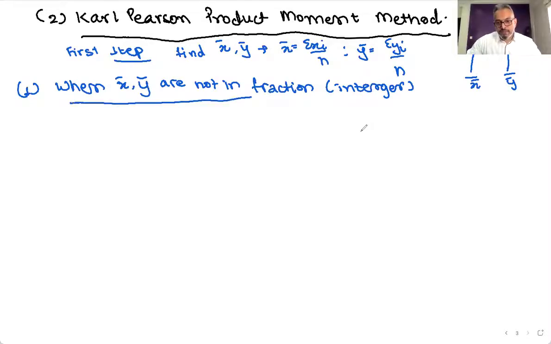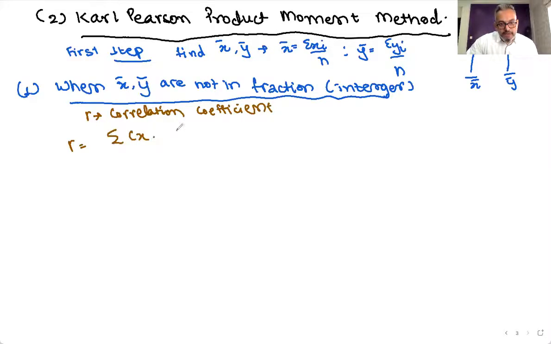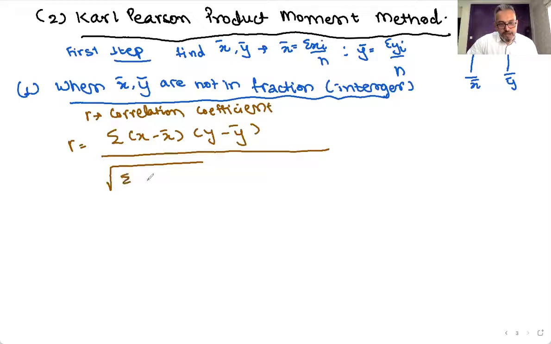In this case, the formula is R. R is correlation coefficient. R is equal to correlation coefficient is equal to sigma (x minus x bar)(y minus y bar) upon under root sigma (x minus x bar) the whole square, under root sigma (y minus y bar) the whole square.